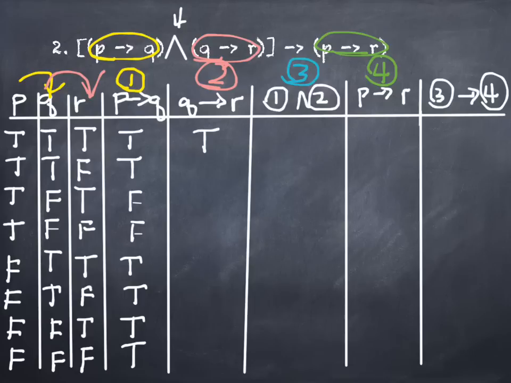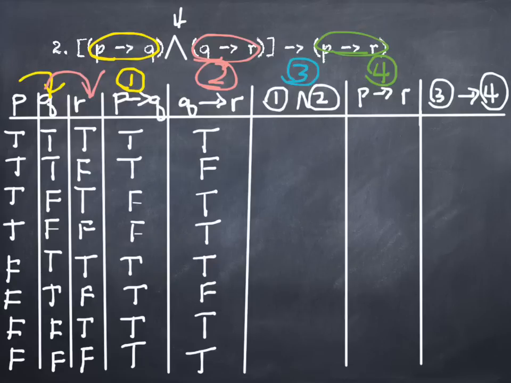True, false is false. False, true is true. False, false is true. True, true is true. True, false is false. False, true is true. False, false is true. So it's actually the same 4 repeated: true, false, true, true, true, false, true, true.